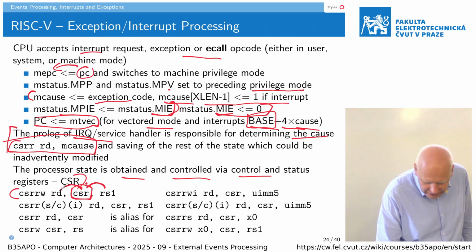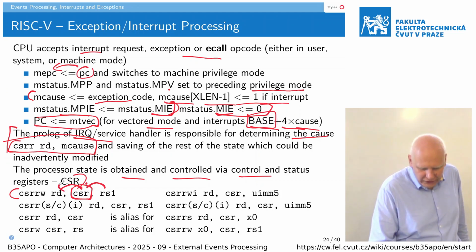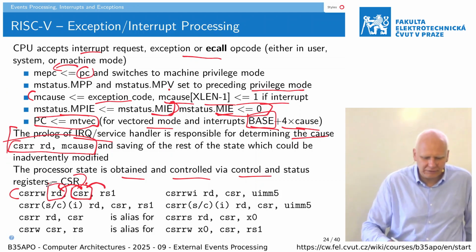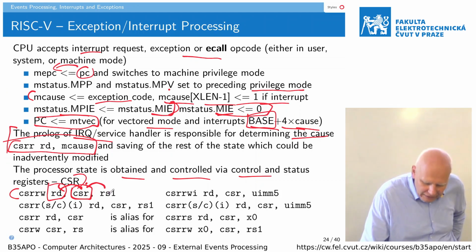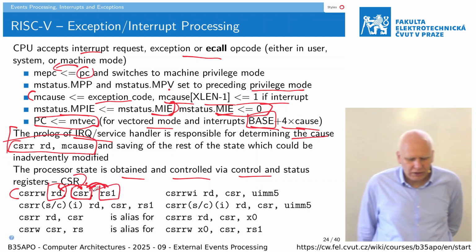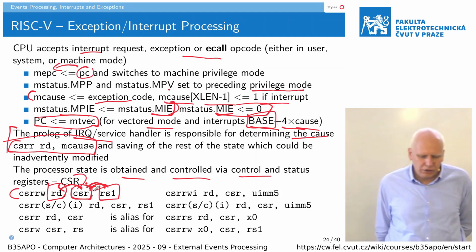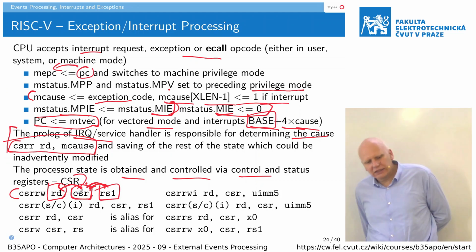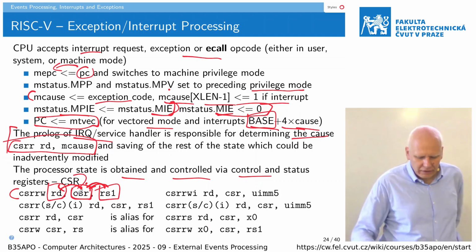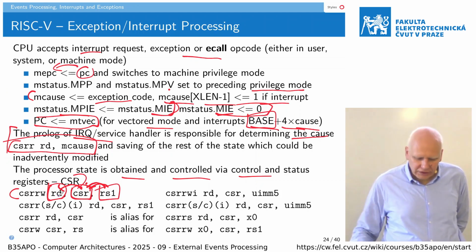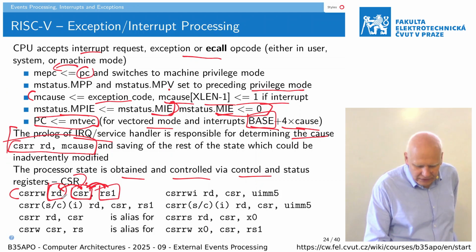It reads first the previous value of that control register to the destination register of the operation, and it stores the new value of the control status register from the general purpose register. You can swap this way, for example, the scratch register with one of the general purpose registers.